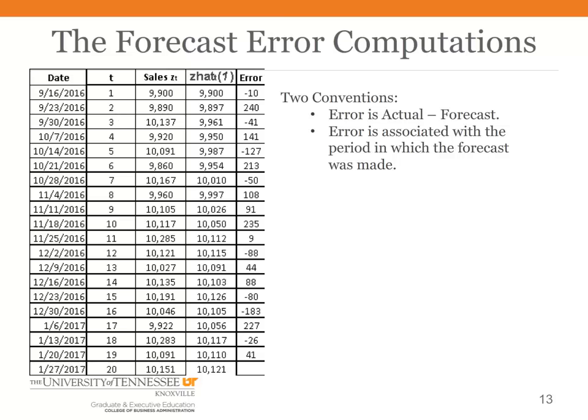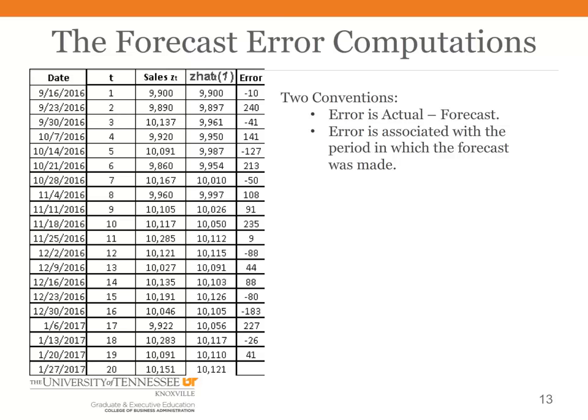And we follow two conventions in dealing with errors. The first one is that the error is measured as actual minus forecast. In other words, just remember to keep them in alphabetical order. The second convention is we associate the error with the period in which the forecast was made, not the period in which we observed the outcome.